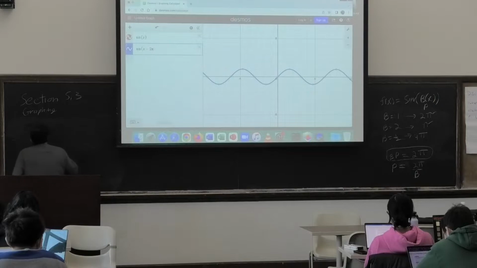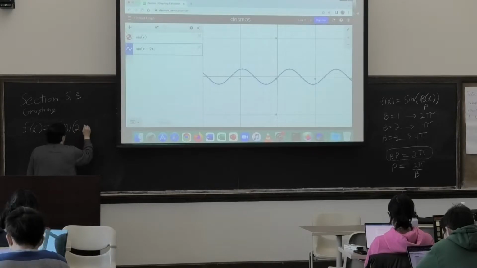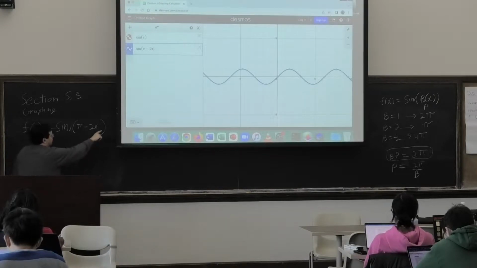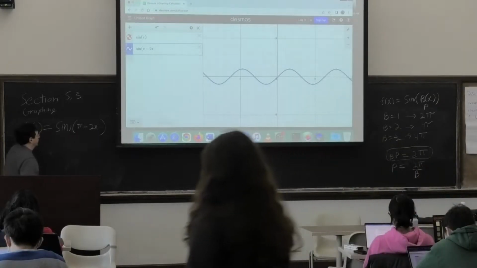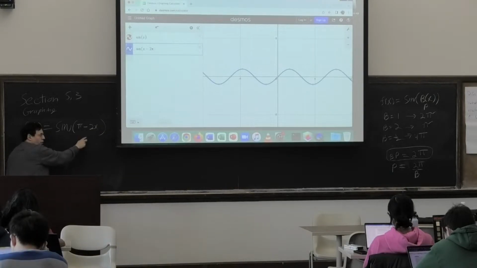If you looked at a function like this, sine of pi minus 2x. Yeah, there might be a plus d here, but we're going to ignore that. You want to be careful here.